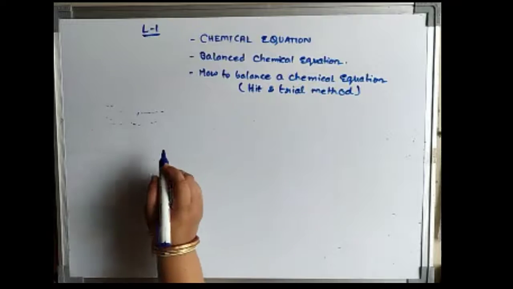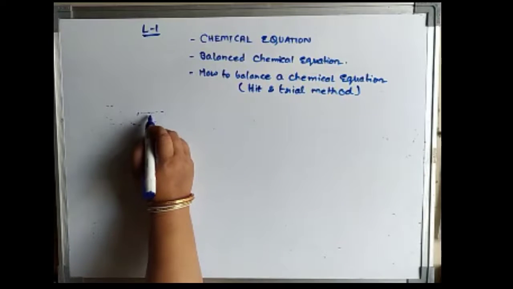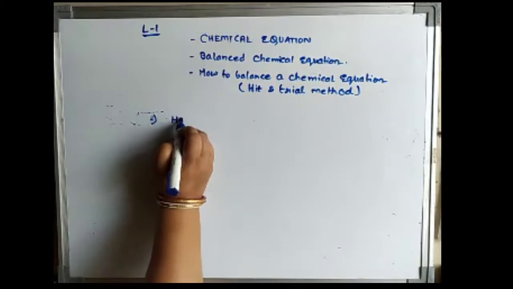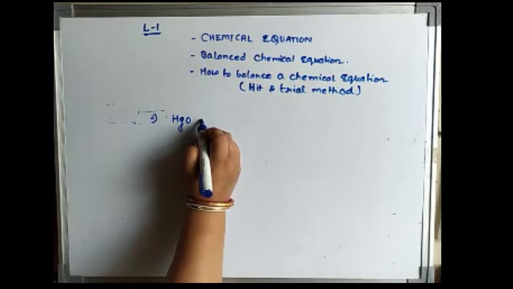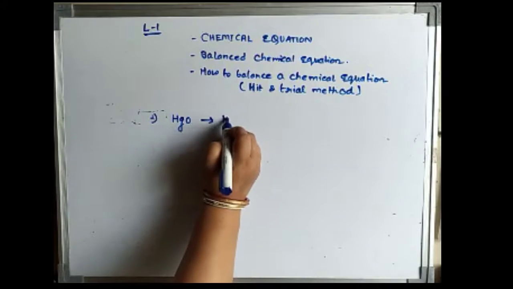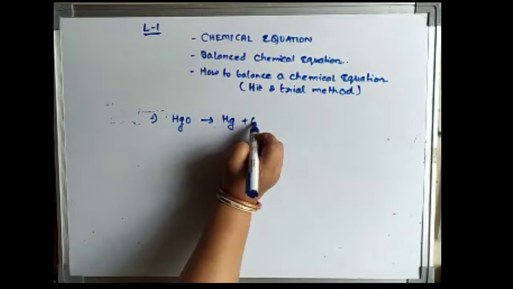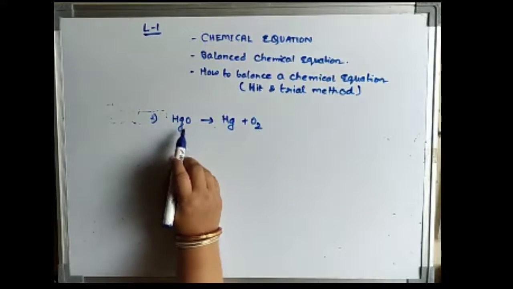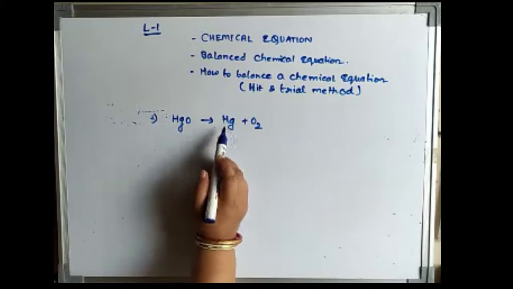Let us take some more examples of the hit and trial method, how to balance the equation. HgO, mercuric oxide, gives Hg plus O2. Now you see, mercury, here on the left hand side, that is the reactant side, mercury is 1 atom, here also 1 atom.